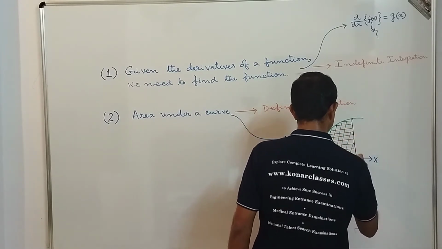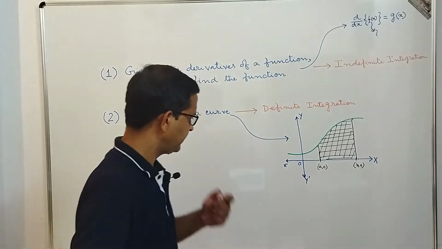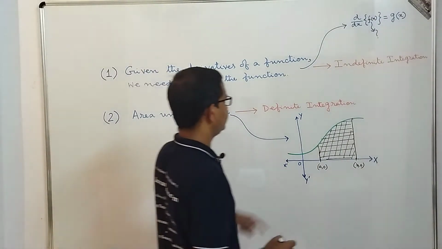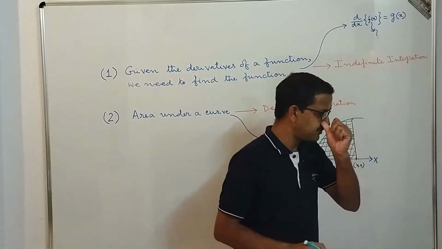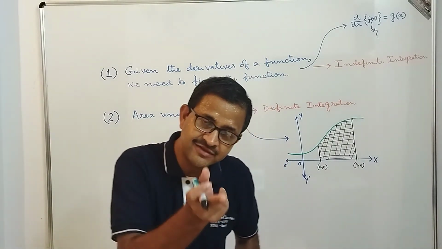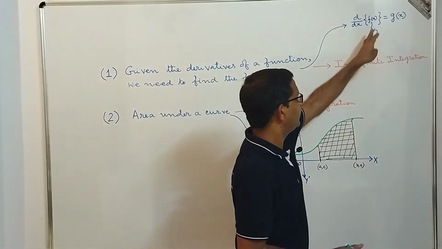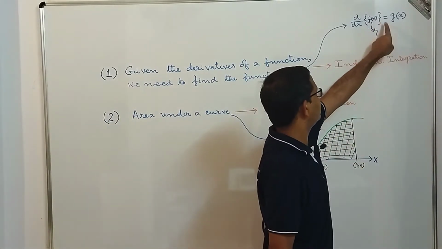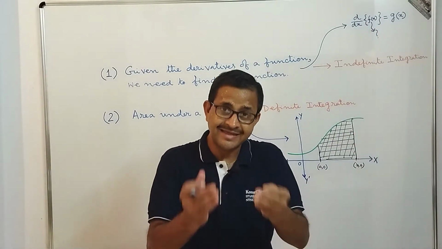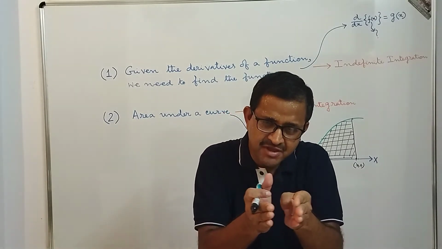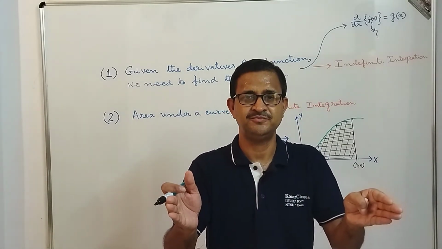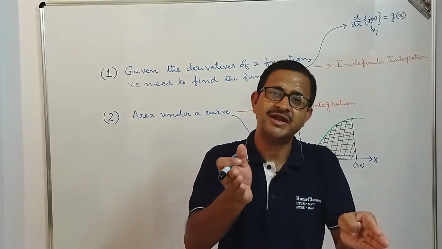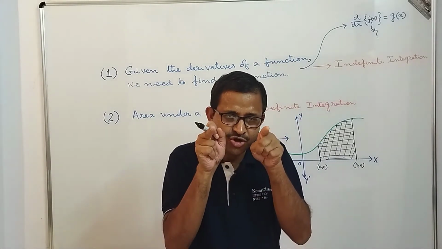Determining the area of this bounded region is what we call definite integration. Now let me tell you in brief that when we find the function f(x) such that d/dx of f(x) equals g(x), we will see that not only one function exists, rather it is possible to find many versions of these functions. As it is many, it is not definite.